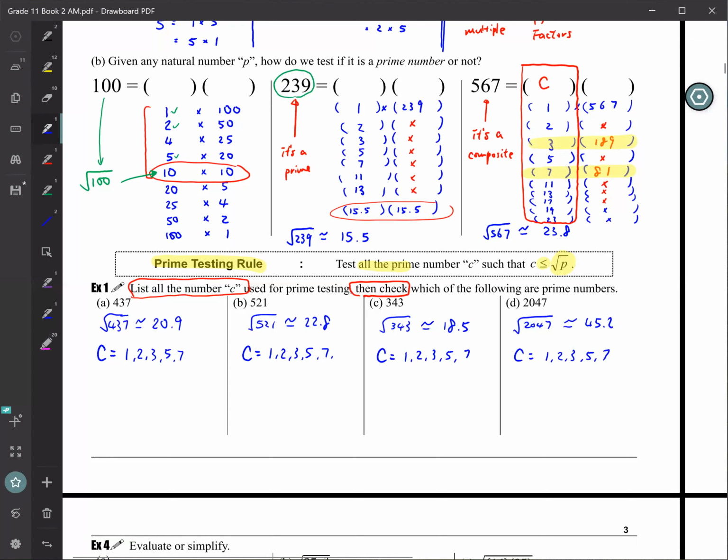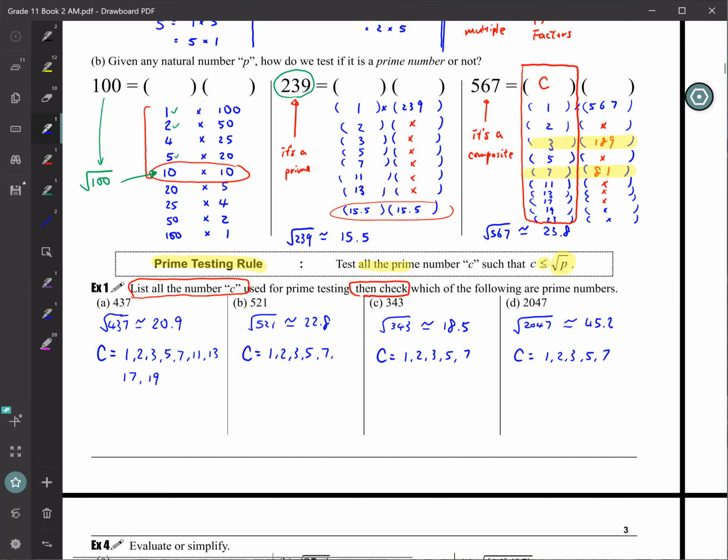Right, so you will need to list out all these C up to the root. So first one, 1, 2, 3, 5, 7. Next one can be 11, 13, and then 17, 19. That's all, up to 20. 20 is not a prime.